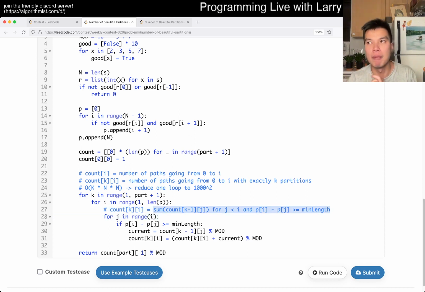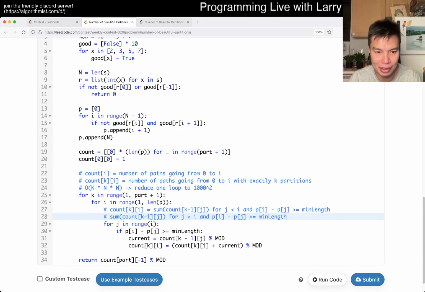But you can also write it in a different way, because we're dealing with counts, so it's going to be monotonically increasing-ish. I know that it is under mod, so it's technically not true, but you know what I mean. Another way to write this is maybe something like, I don't know.